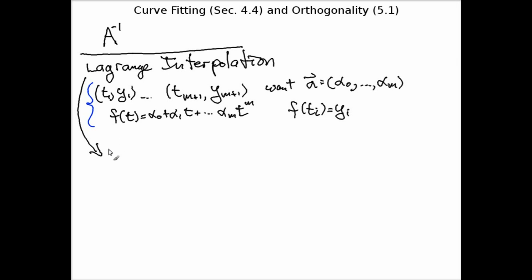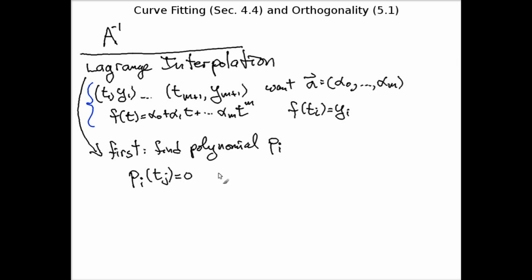Basically what you first try to do is the following. Find a polynomial, let's call it pi, such that pi of tj is equal to 0 if j is not equal to i, and pi of ti is equal to 1. And of course, I should have mentioned the degree is supposed to be less than or equal to m.